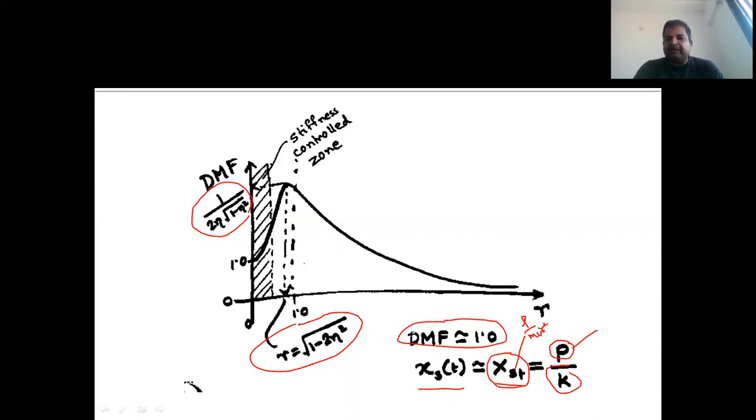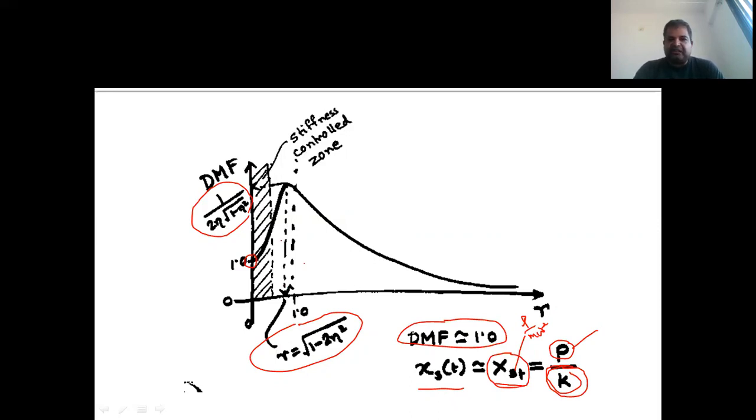So when my DMF is equivalent to 1, you can see this is at this particular point. In this case, what is governing is the stiffness. If you can get hold of this stiffness, then you can design this foundation for your machine.